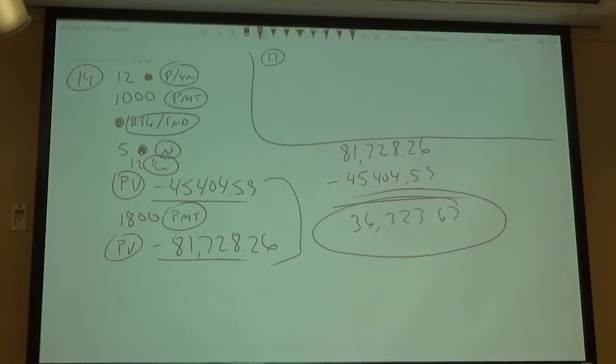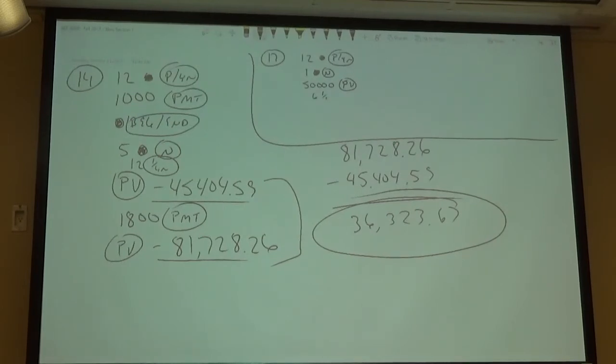Okay, so the first one is monthly. And for 1 year, $50,000 present value, 6%. And then we're looking at it in terms of future value.